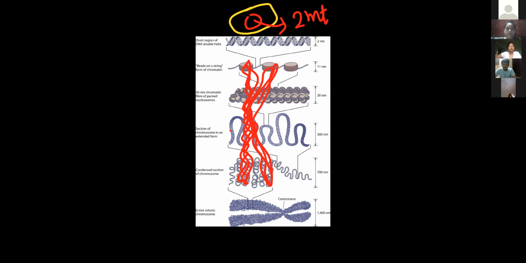Understood how the chromosome is formed from the DNA? This is a very interesting one.